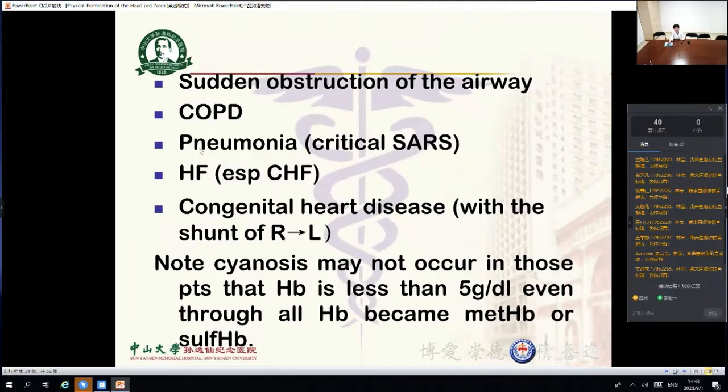And the third clinical occurrence is pneumonia, especially those with ARDS, like the critical SARS in 2003, and also COVID-19 earlier this year.